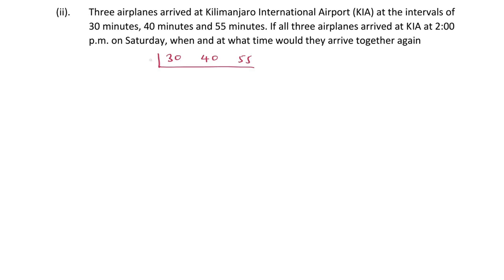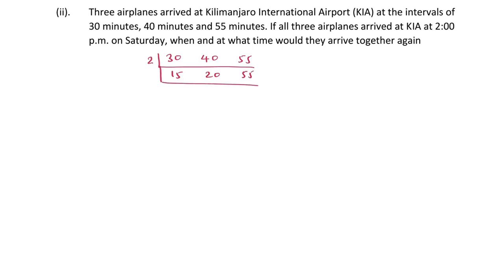So our first number is 2. So we are going to have 30 over 2, here is 15, and here is 40 over 2, which equals 20. And here 55 is not divisible by 2, so we are leaving 55 as it is.